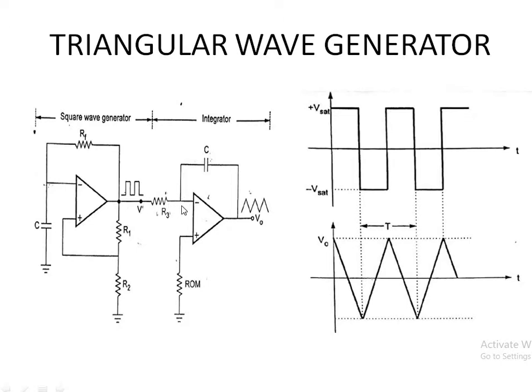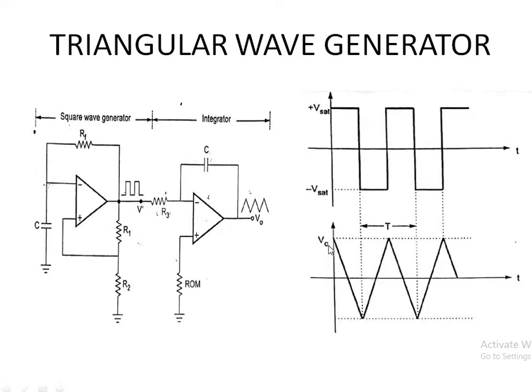An integrator simply integrates the input available to it, and the integrated value is obtained as the output. This is the basic thing, because when we integrate a square wave we obtain a triangular wave. This is the basic working of an integrator.